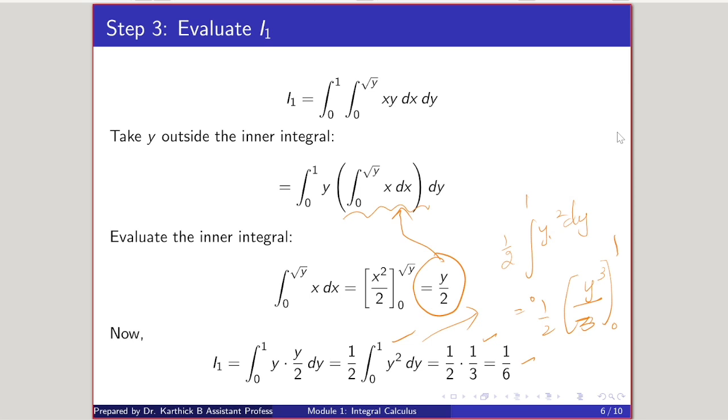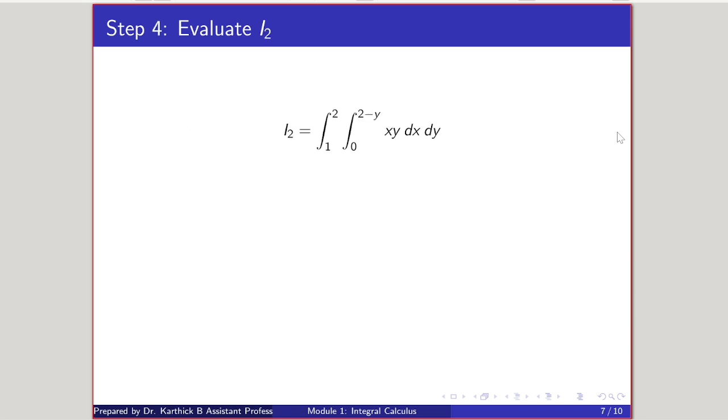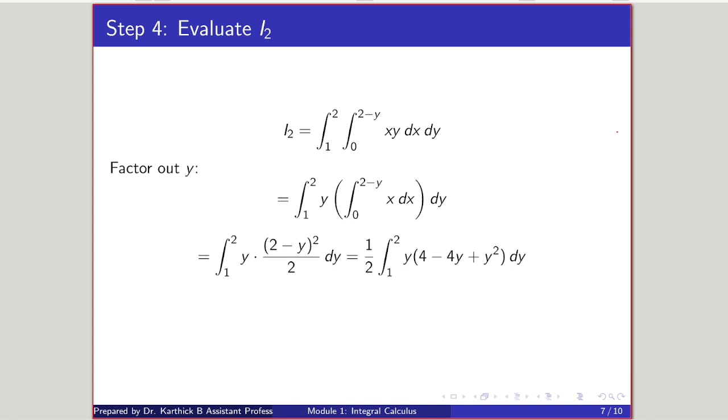Now we go for the second region, which we call I2. Here it is one integral from 1 to 2, then 0 to 2 minus y. The limits of x will be 0 to 2 minus y, the limits of y will be 1 to 2. The same process: we evaluate the inner integral with respect to x. With respect to x, y remains a constant, so we keep the y outside the integral. After integrating x with respect to x, it will be x square by 2.